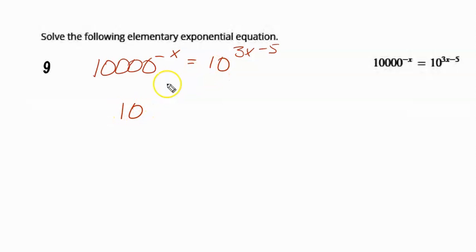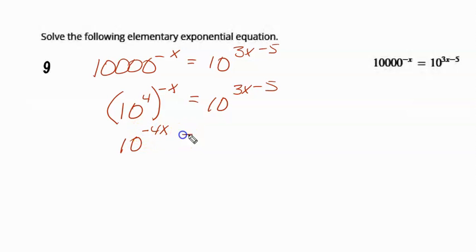Now, 10 to what power is 10,000? Well, that's 10 to the 4th, to the minus x out here, equals 10 to the 3x minus 5. So this then becomes 10 to the -4x equals 10 to the 3x minus 5.